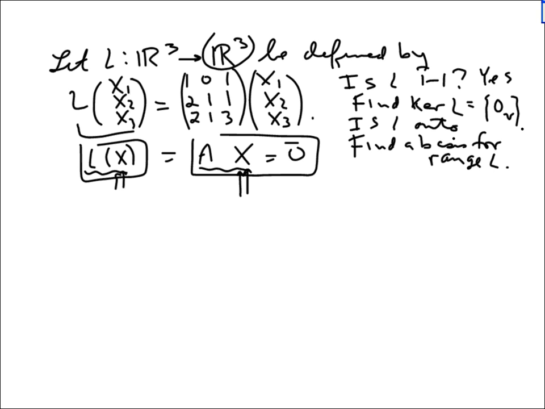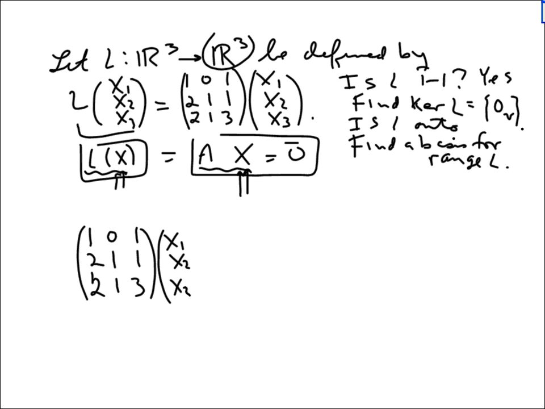Okay. Now, the question is this. If I take the matrix 1, 0, 1, 2, 1, 1, 2, 1, 3, and I multiply it by x1, x2, x3, can I get anything I want in R3, like A, B, C? The answer is yes.